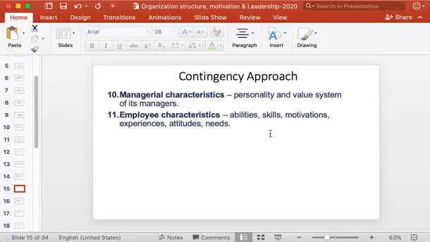Similarly, employee characteristics also may affect the organization design.